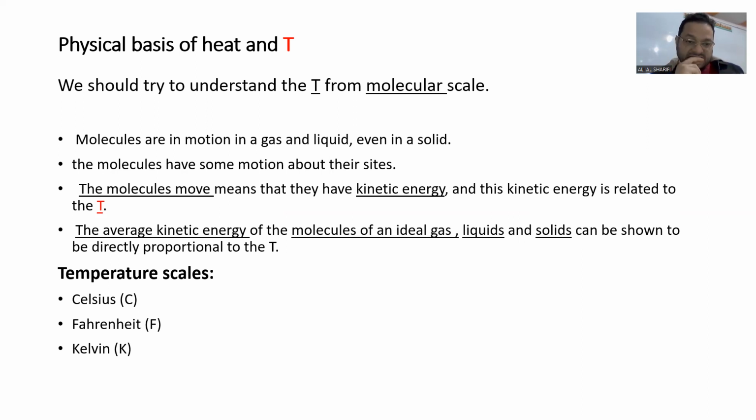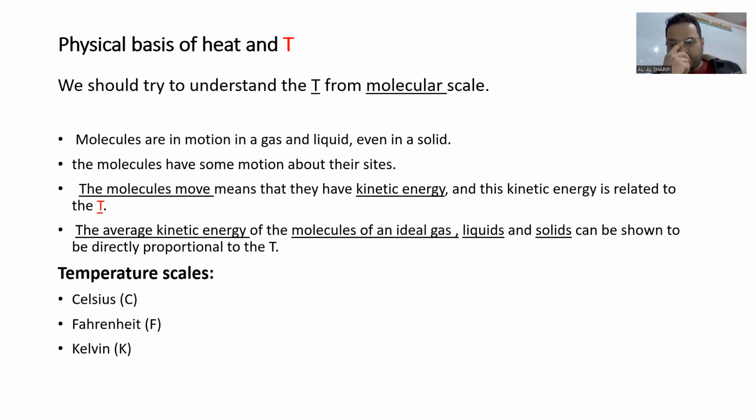Here, the average kinetic energy of the molecules of an ideal gas, liquid, and solids can be shown to be directly proportional to the temperature, for all of these 3 states of material, because anything in our world is related to the temperature.